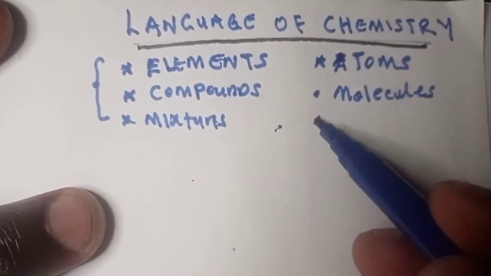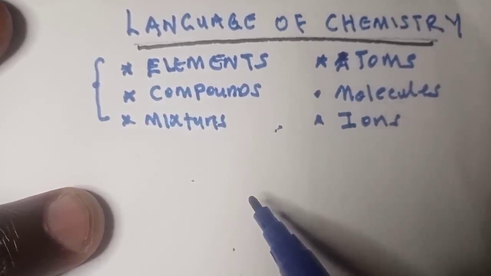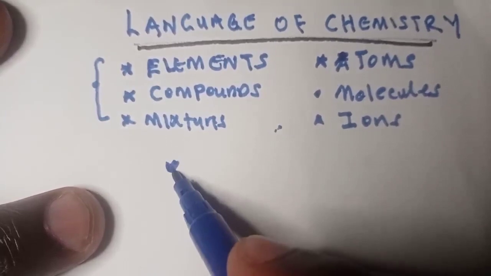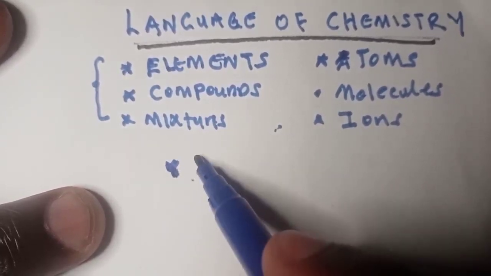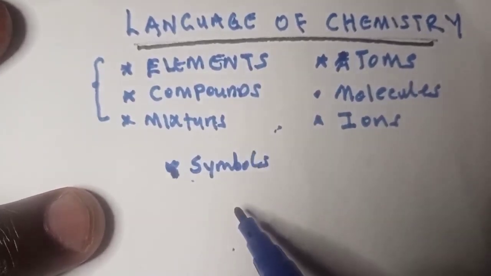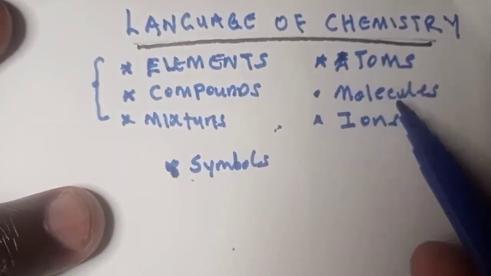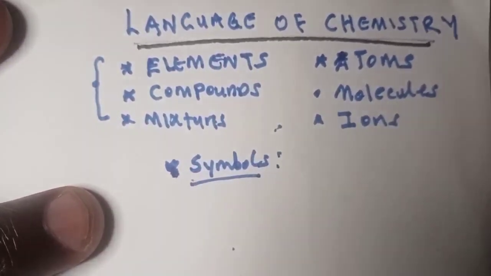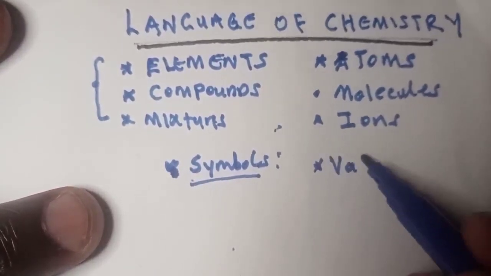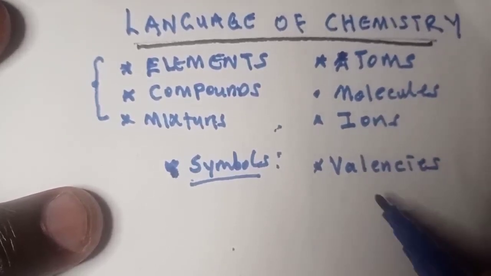Apart from this, you also need to know how to write symbols, for elements and compounds, so atoms and molecules. In general, you need to know how to write symbols. Another thing, you need to know what we call valences for all the elements.